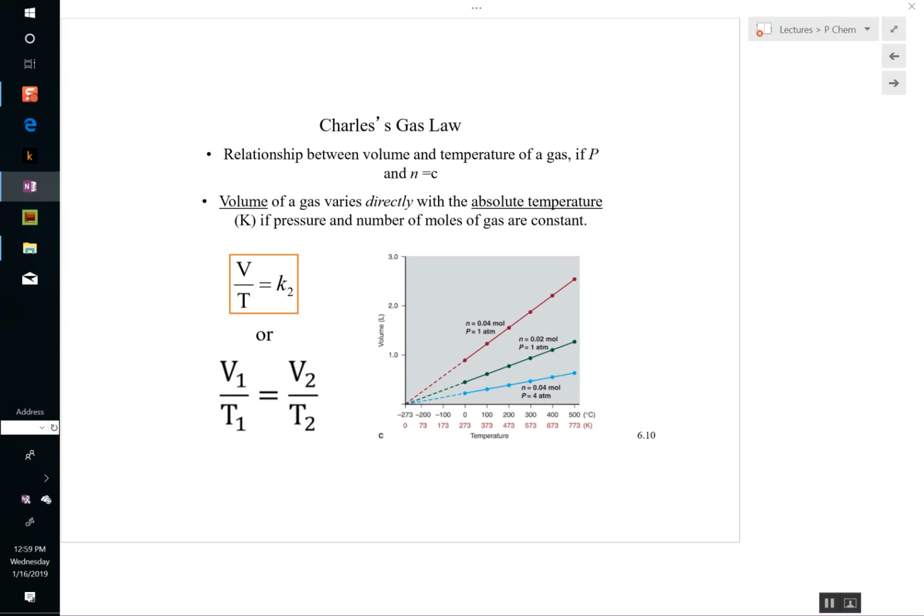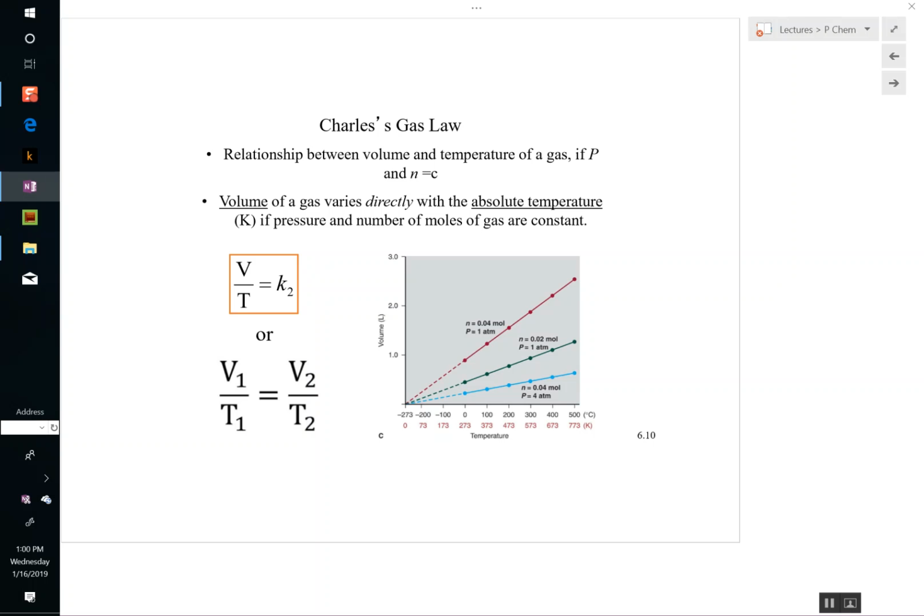But the temperature always has to be in Kelvin with gases, because it's only Kelvin that's proportional to the energy. The amount of energy that those gas molecules have is not proportional to the temperature in centigrade or Fahrenheit. Those are arbitrary temperature scales based on the properties of water.